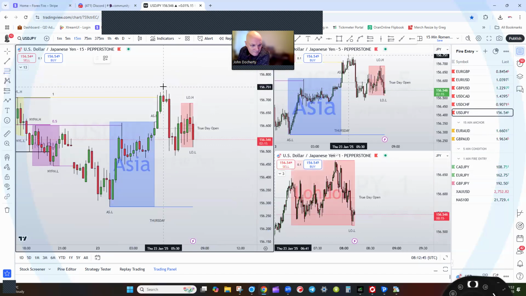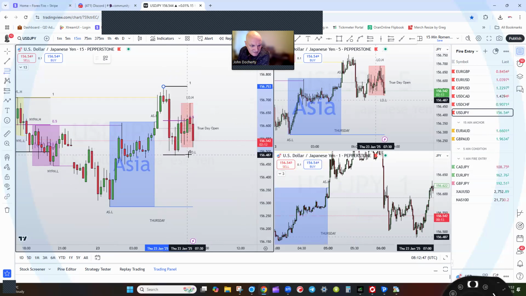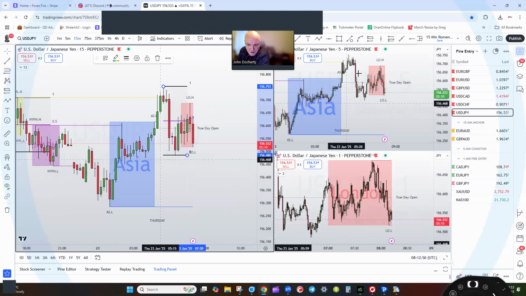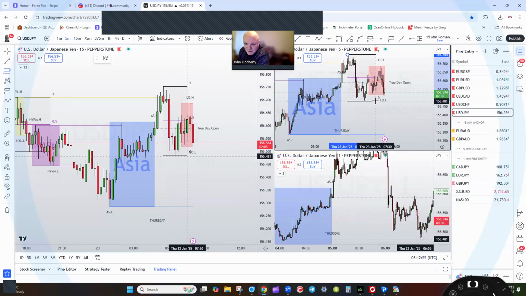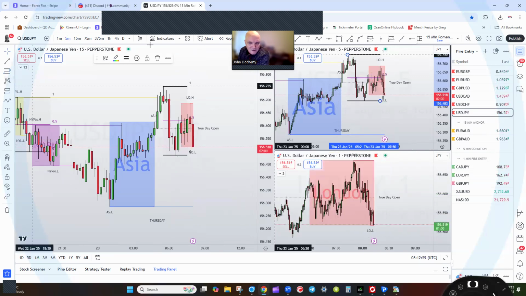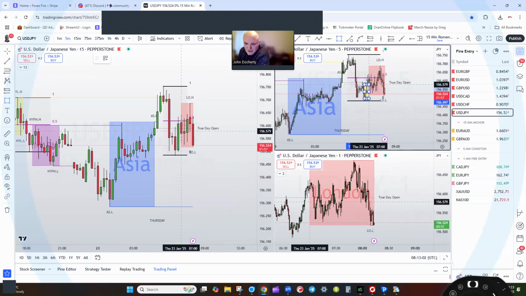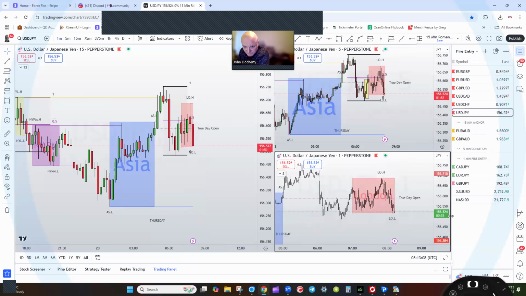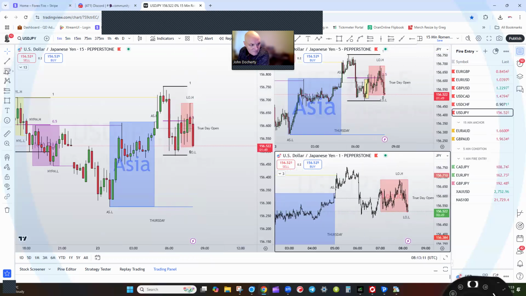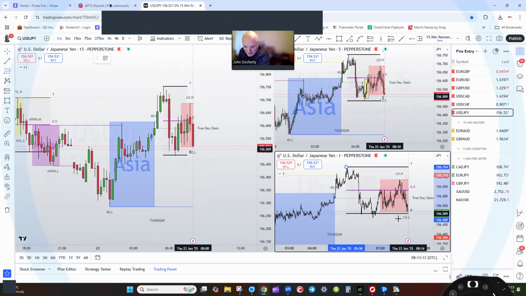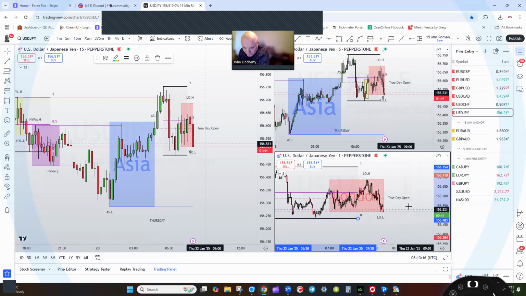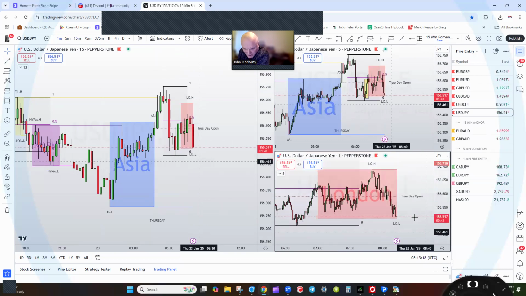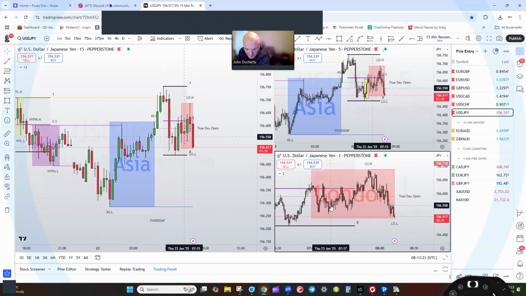UG, again, broke the Asian high, down to that low, moving to the condition. Asian high down to the low was the separation candles. Yes, there were two separation candles. From the high down to the low, we look for, because it's a sell, a bullish candle after the touch, followed by a bearish engulfing.